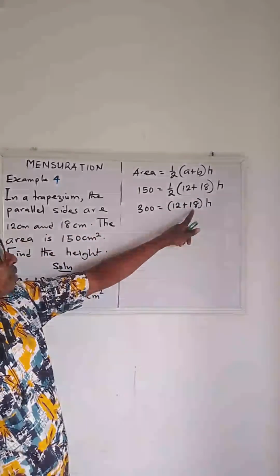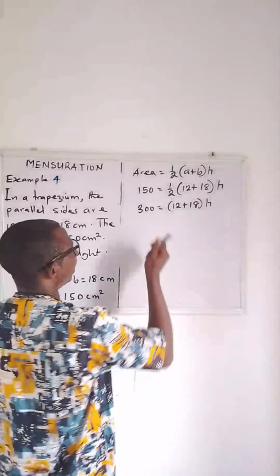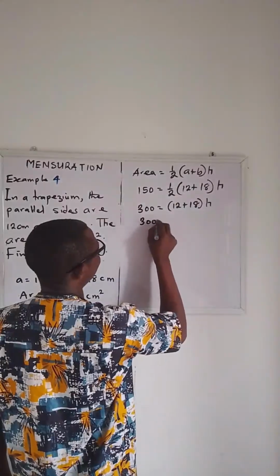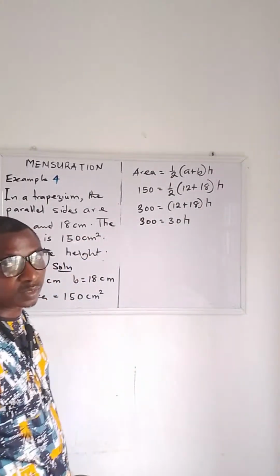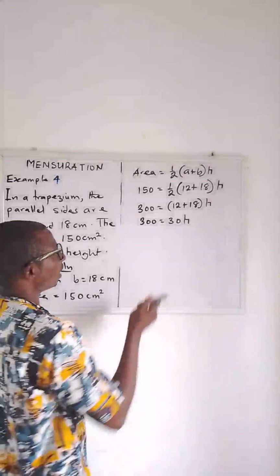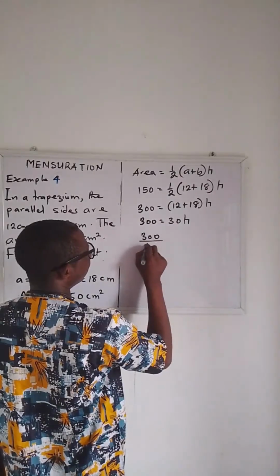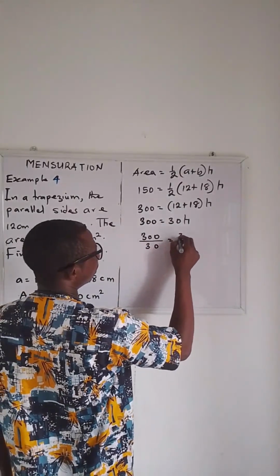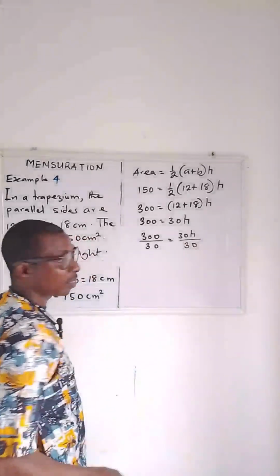So now let me add what we have in the bracket together. That gives me 30. So I have 300 equals to 30h. So you divide both sides by 30. So we have 300 over 30 equals to 30h over 30. Okay.